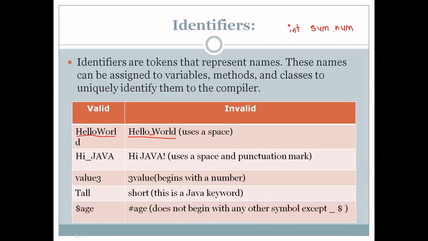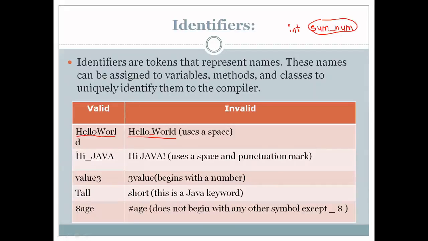Variable name should not have a space. So this is invalid identifier. So names of variables, methods, and classes, it is called as identifier. We cannot have a space in between the variable name. If you want, you can include an underscore in between, but you cannot have a space.